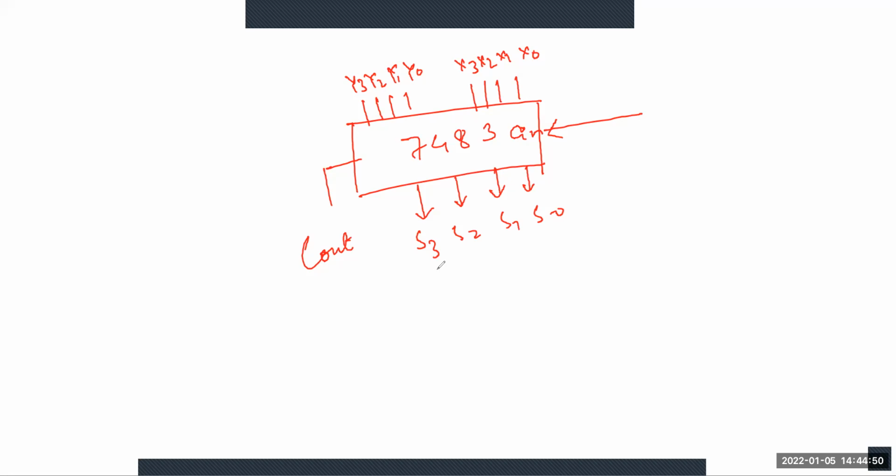Okay, so how is it connected here? Suppose this is one IC of 7483.